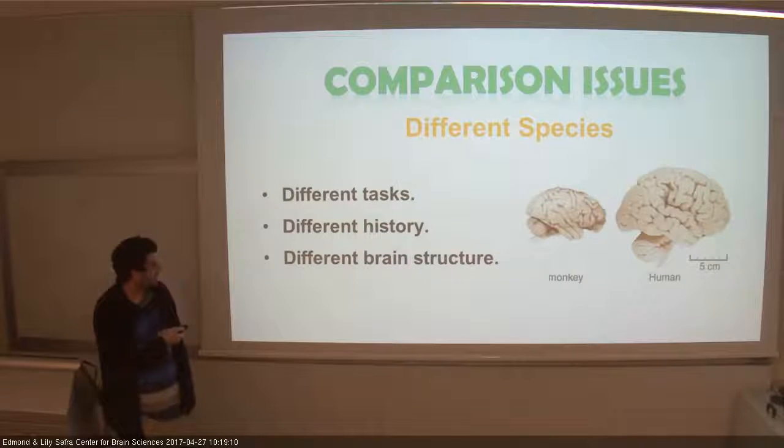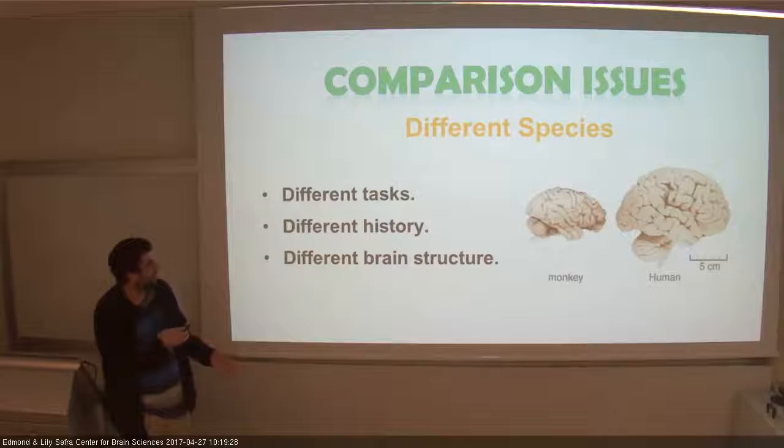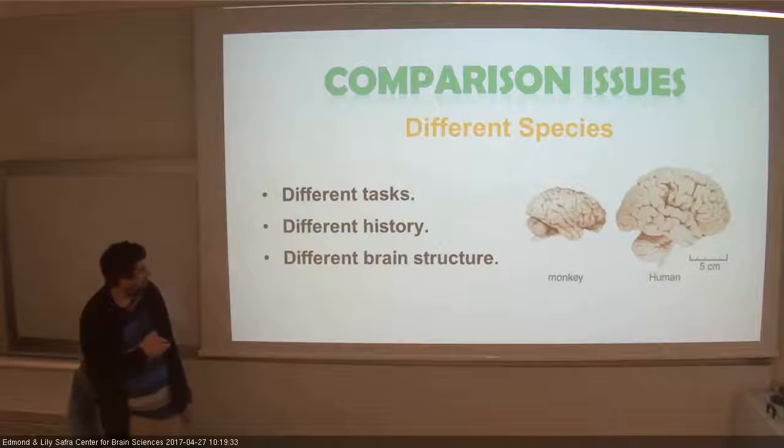And the last thing is the brain structure of humans and monkeys are very different. The human brain, as you can see, is much bigger, and also the IT of the human is much bigger. There is some homology between the two, but this is really not a trivial comparison, and you cannot really just go on and do it.